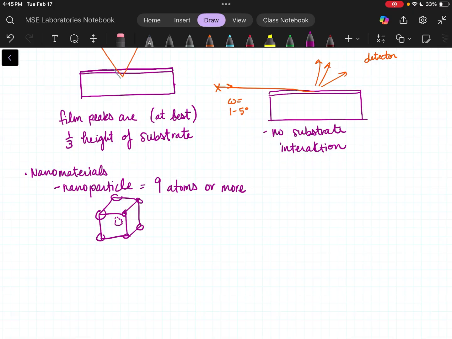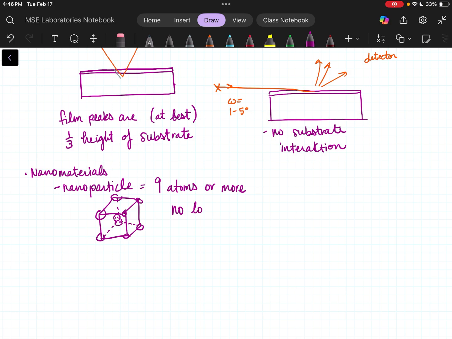I've got 1, 2, 3, 4, 5, 6, 7, and then I've got this one in the back, 8. And then let's say I've got one in the middle as well. There's not a great way for me to draw the one in the middle. One in the middle. Yeah. That's 9 atoms. Ta-da, a nanoparticle.